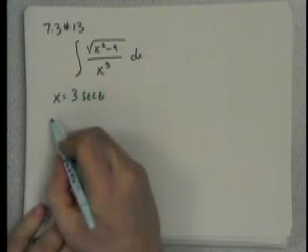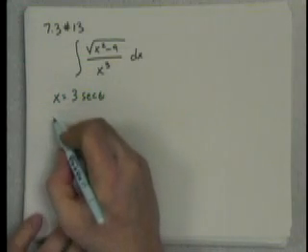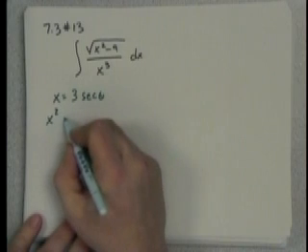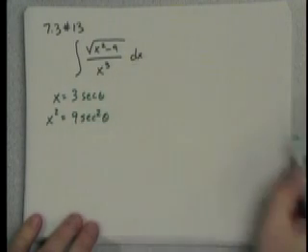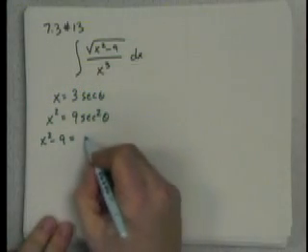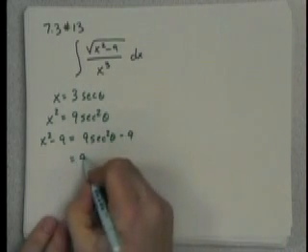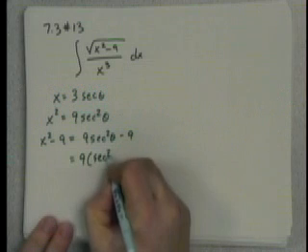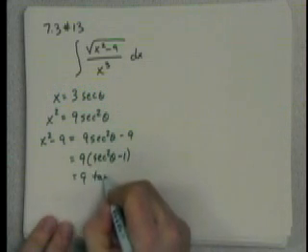I guess I'll step through this. You don't have to write all these steps down, but for a while it might be helpful for you guys to see them. So x squared is 9 secant squared theta. X squared minus 9 becomes 9 secant squared theta minus 9, which you can factor as secant squared theta minus 1 and replace that with tangent squared theta.